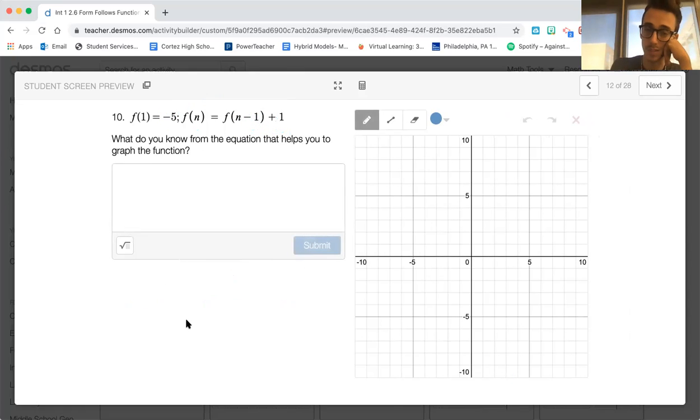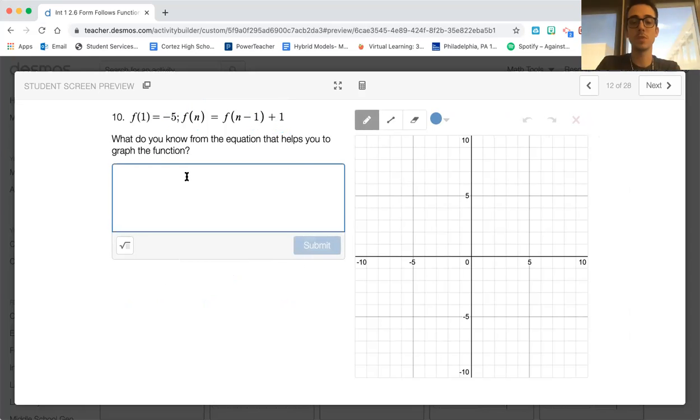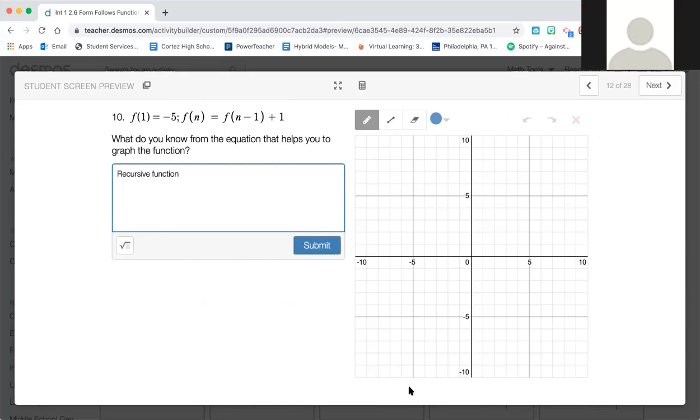What else? This seems like a big just review section if I ever saw it. I know that this is a recursive function. And I know that I have a starting term starting at -5. I'm going to talk about this in words. Starting at -5, we keep adding 1.